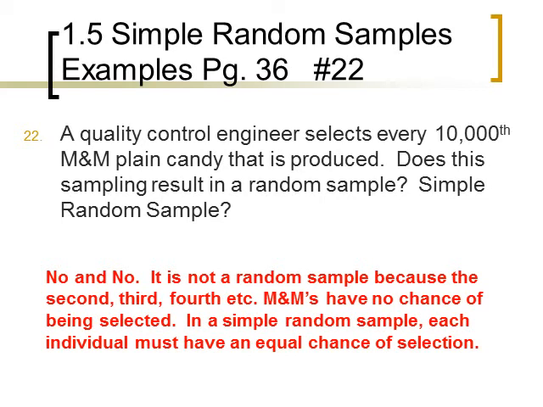Well, if it's random, every single M&M candy should have an equal chance of getting selected. And it actually doesn't, because if we're already selecting the every 10,000th, then the first one doesn't have a chance of getting selected, the second doesn't have a chance. So therefore it's not a random sample. Is it a simple random sample? Well, no, because in a simple random sample, every individual has to have equal chance of getting selected as well.